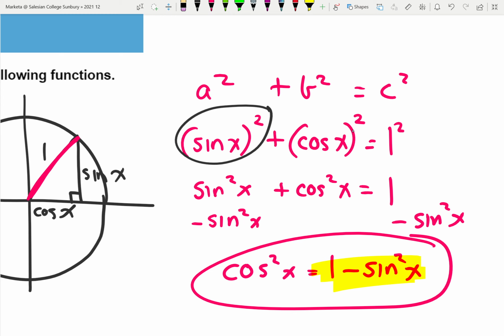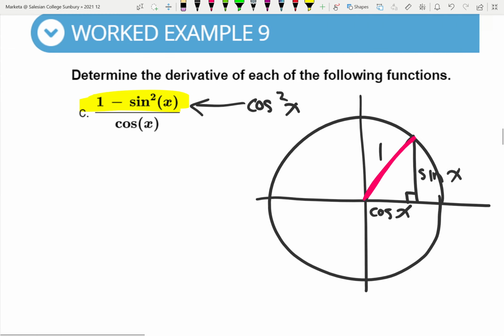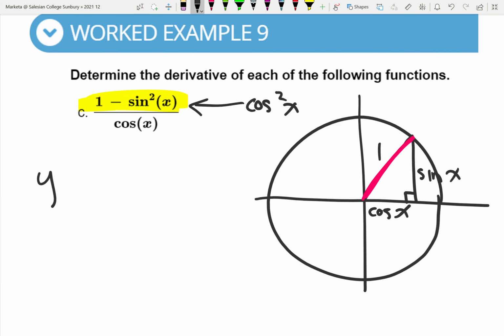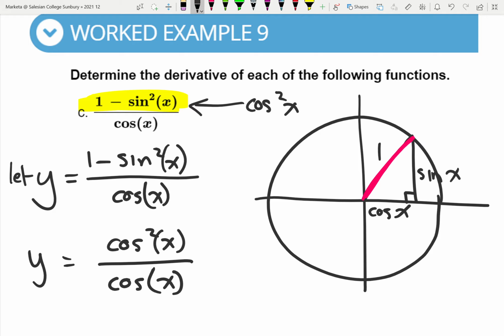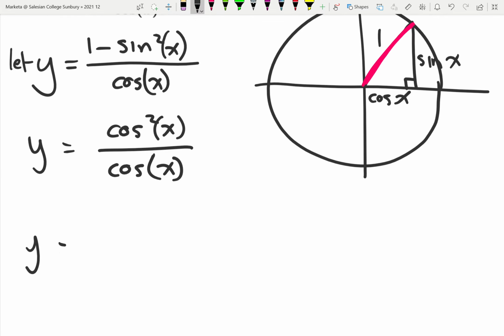So let's go back over here, and that means y, so I'm going to say let y equal 1 minus sine squared x over cos x, and y equals cos squared x over cos x. And this is where it might be handy to remember that cos squared x is cos x squared.